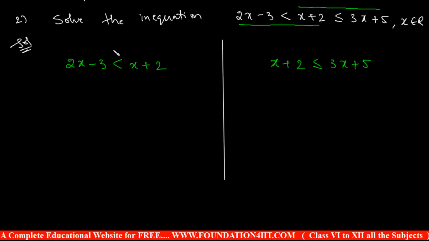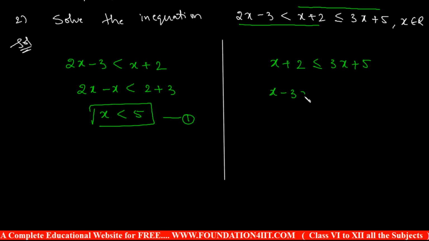In these two cases, we'll solve separately. Take the x variables to one side: 2x minus x less than 2 plus 3. Minus 3 goes to the right side as plus 3. 2x minus x is x, less than 5. So x is less than 5. This is equation 1. From this, 3x, take x minus 3x. The x terms go to one side, numbers to the other side.